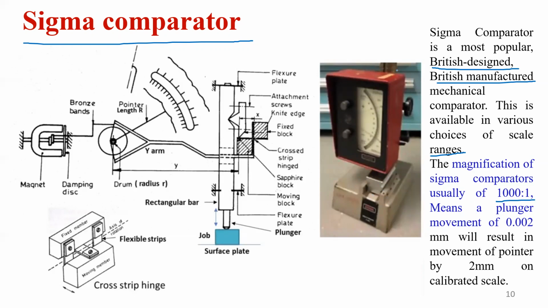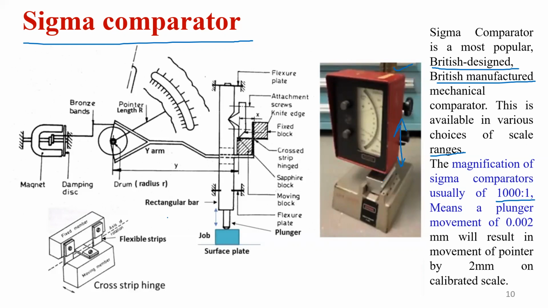At the back we have the vertical column. On the vertical column, the measuring head is mounted. This measuring head can accommodate different sizes of workpieces by moving along the vertical column, and we can lock it at any desired position using the locking screw.